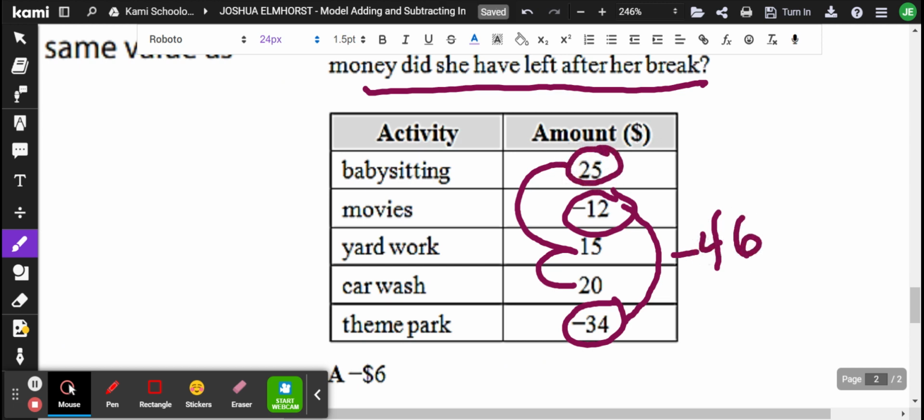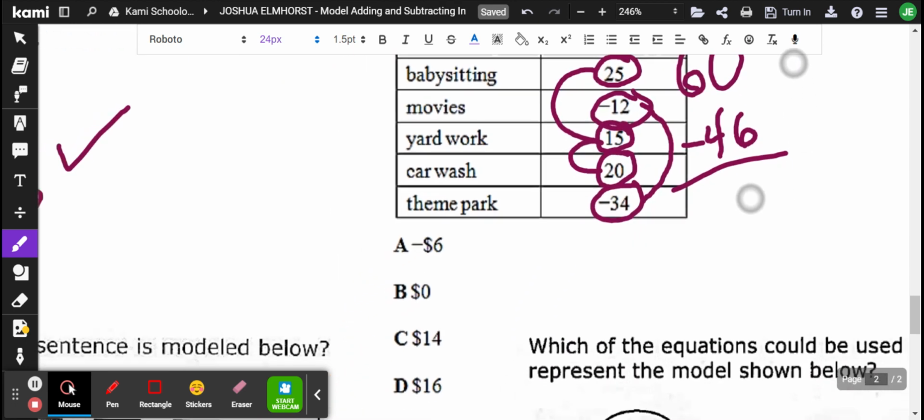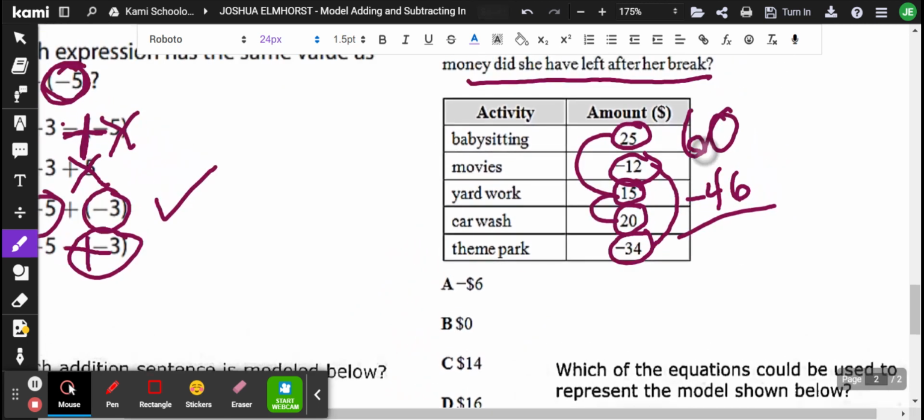And here we got 25 and 20, which is 45, plus 15, which would give us 60. So 60 minus 46 will give us 14.